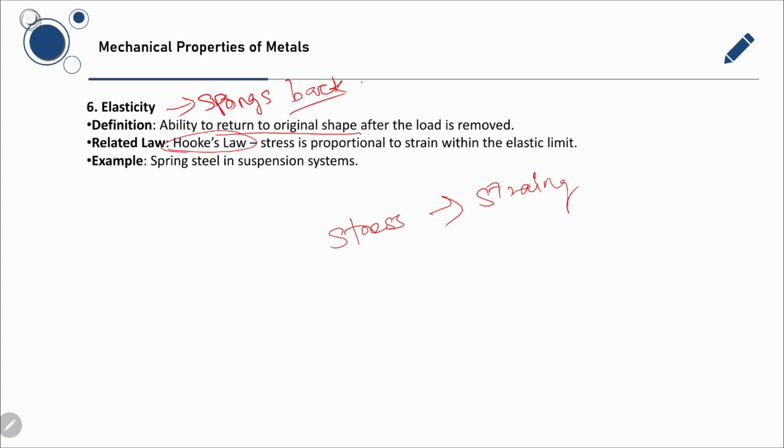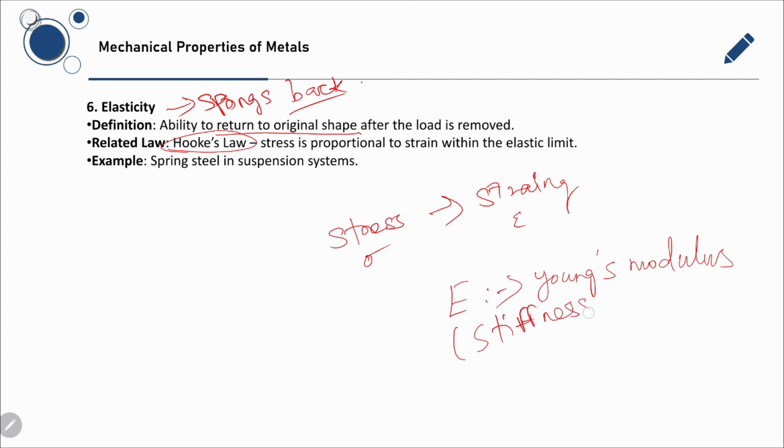The formula to express Hooke's law is sigma equals E times epsilon, where sigma is stress, epsilon is strain, and E is Young's modulus, which means stiffness. Higher E means stiffer, with less elastic stretch for the same load. This is the formula for Hooke's law.